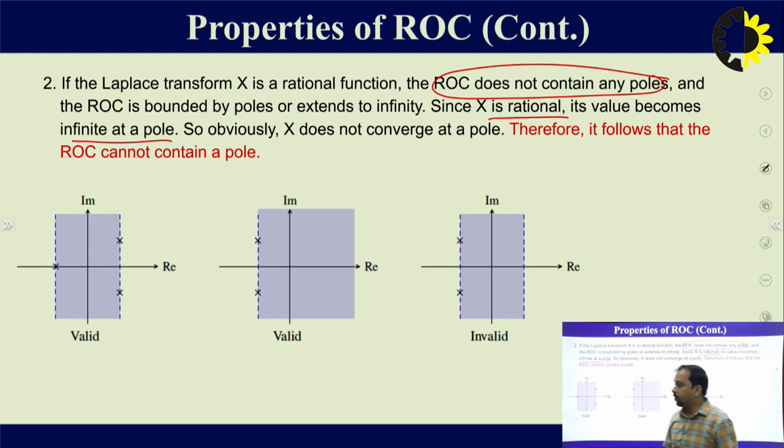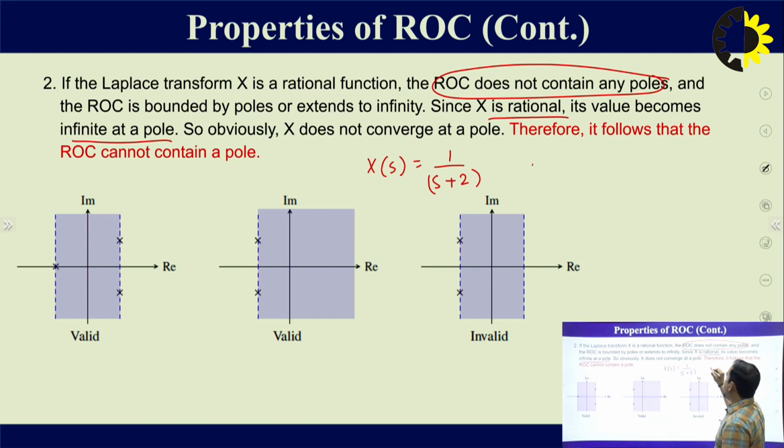We can see, let's say if we have X of s equal to 1 by s plus 2. So definitely the location of the pole is at s equal to minus 2. If we put s equal to minus 2 in X of s, definitely the value will become infinity.